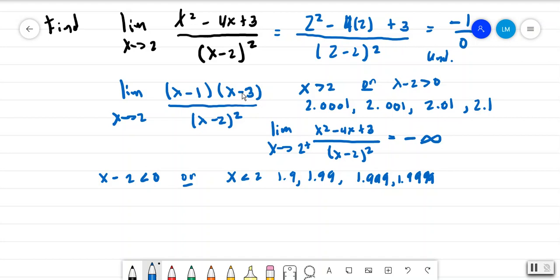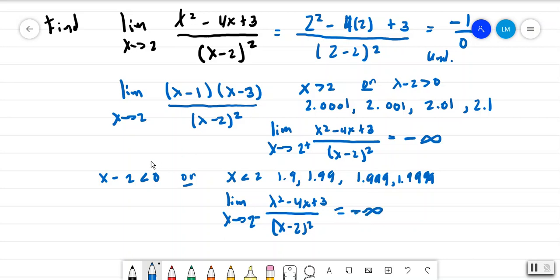So if we do plug those values in for x squared minus 4x plus 3, and again, the denominator is positive, it's going to give us negative infinity.